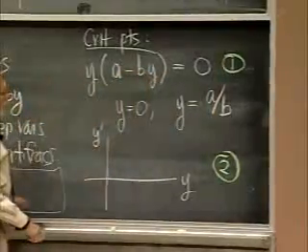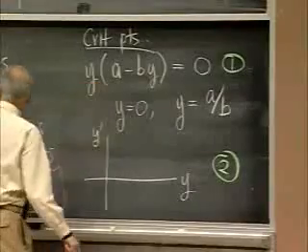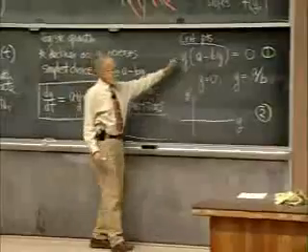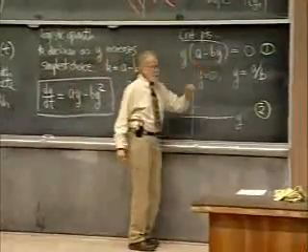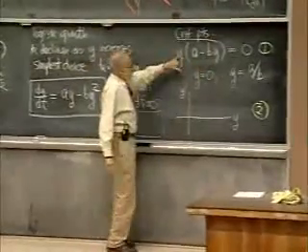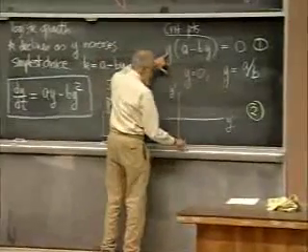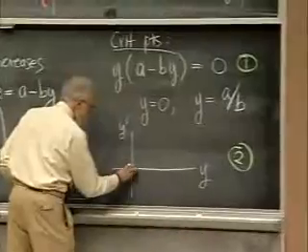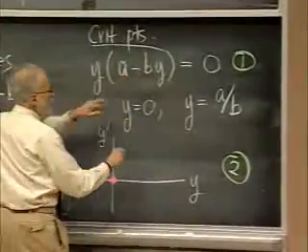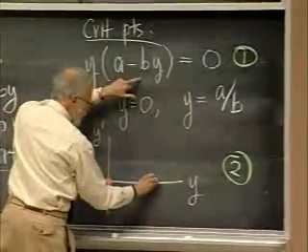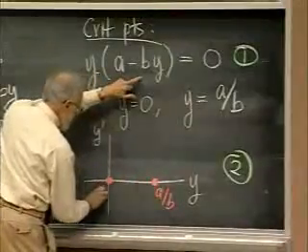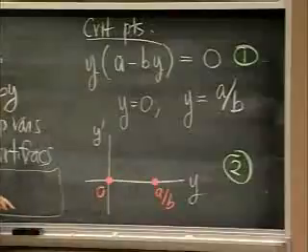Okay, the function that I want to graph is this one, ay minus by squared, or in factored form, y times (a minus by). Now, this function we know has a 0 here, and it has a 0 at the point a over b. At these two critical points, it has a 0. What is it doing in between?